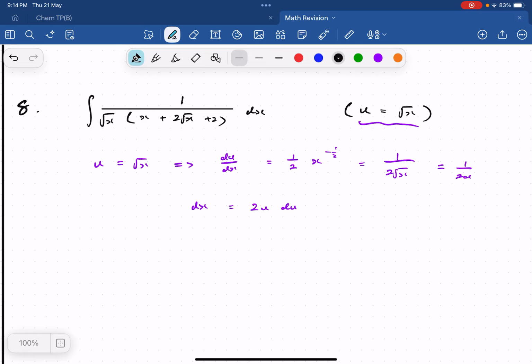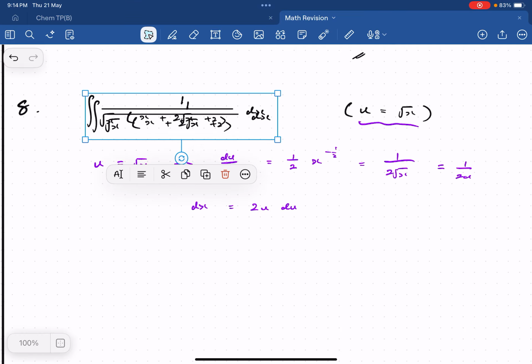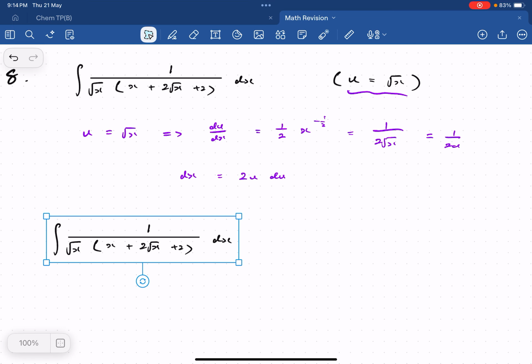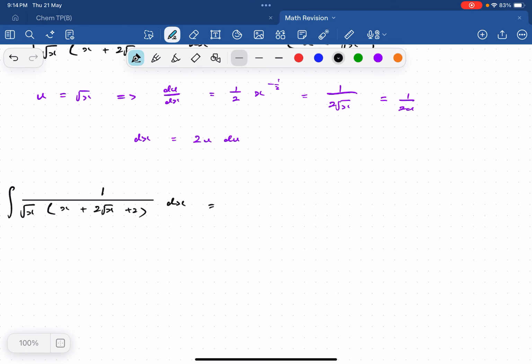In my integral, this whole expression, I cannot have any x, okay? Everything should be u, okay? So now let me copy it over. Copy, paste. Equals to all the root x I replace with u.